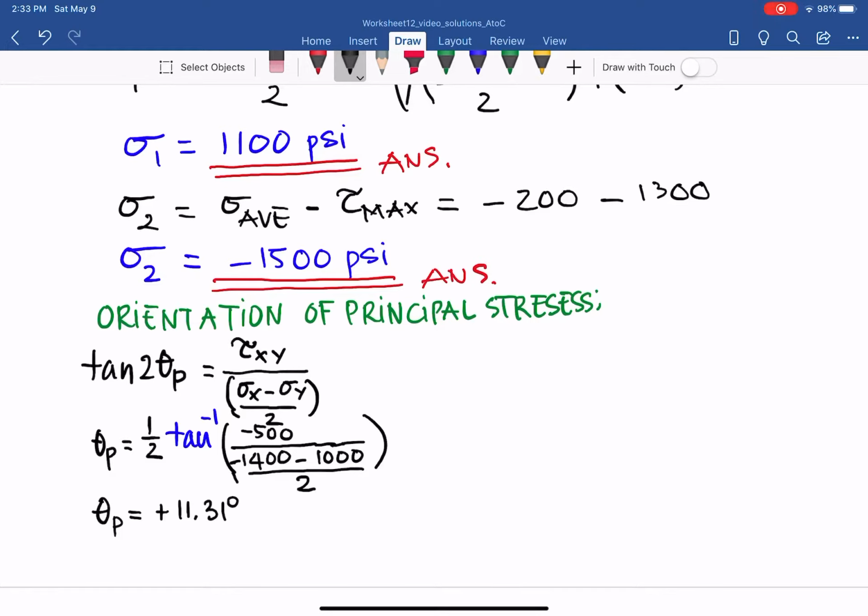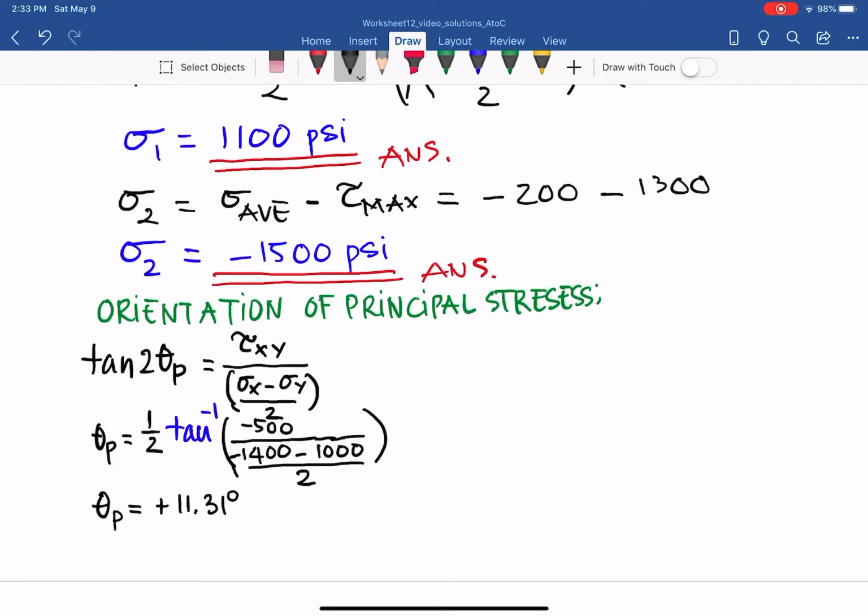If the theta p that you find from your calculator with the numbers plugged in correctly is positive, then it means that the angle rotates from the original x-axis counterclockwise. So let me make a note.